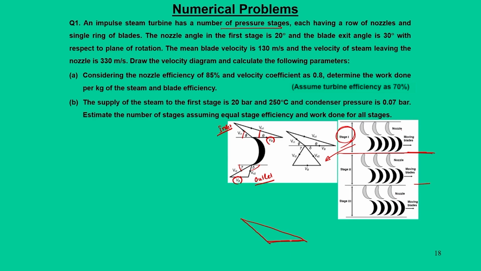So, this is your Vb, and this is Vs1 and Vr1, and for the same velocity the outlet velocity triangle should look like this, which is Vr2 and Vs2.